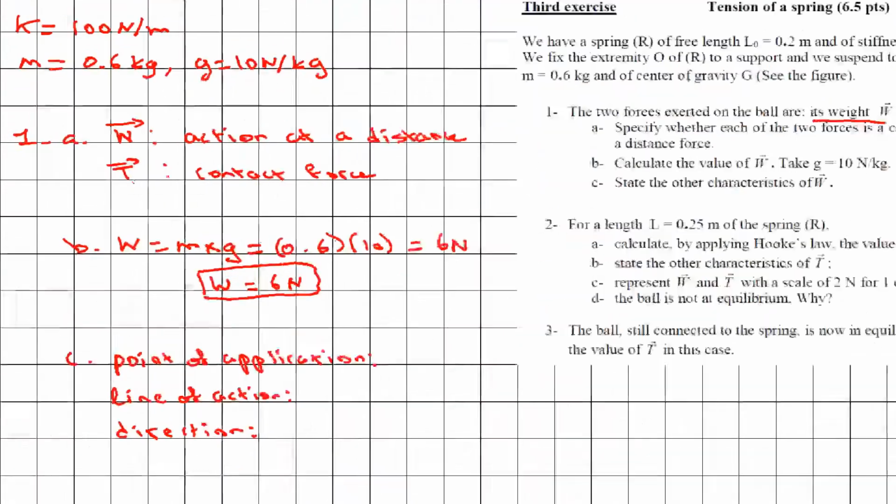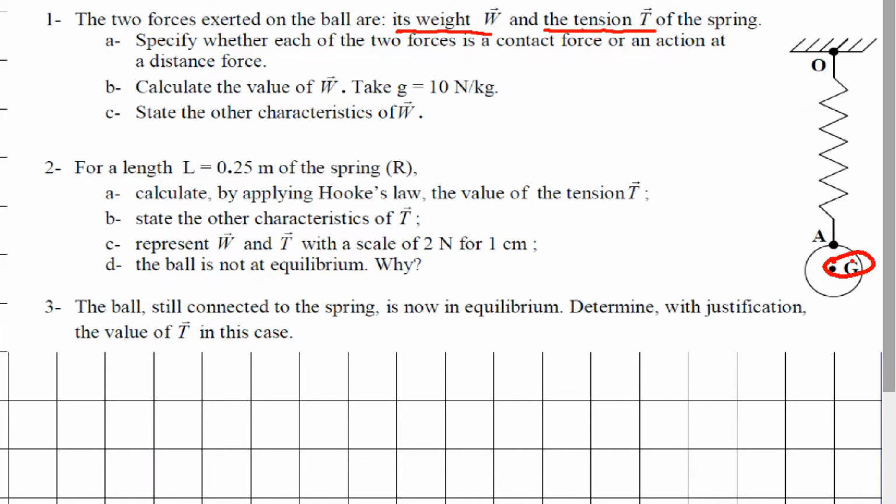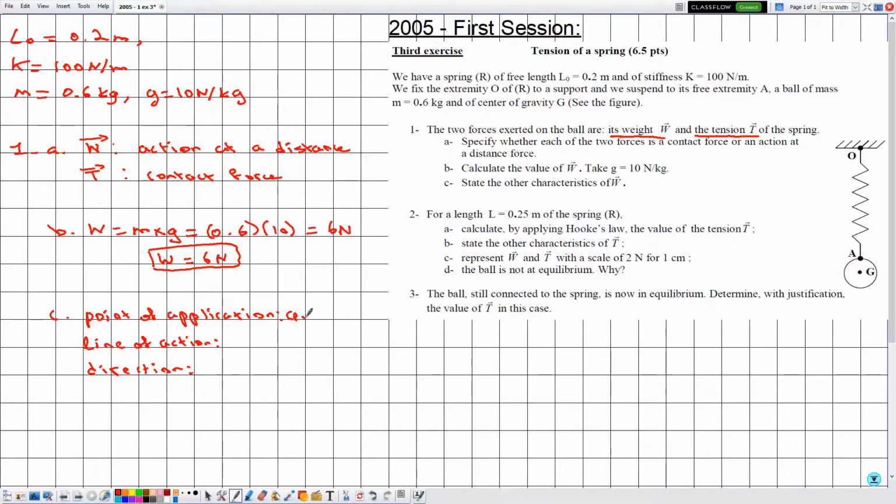Now because it is an action at a distance, the point of application will be the center of gravity G. And we know that the weight always acts on any object having a mass vertically downward, so the line of action is vertical and the direction is downward.